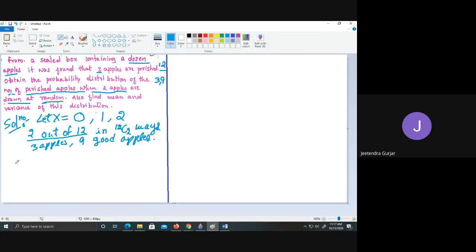So now I will go with the first one, that is, I will choose one by one now. X is equal to 0, I will find the probability, then x is equal to 1, I will take the probability, x is equal to 2, I will calculate the probability. So I will start with the first one, that is P of x equal to 0.